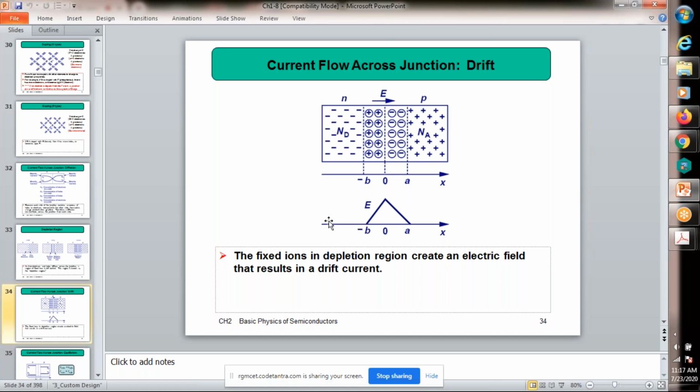Only in this triangular shape is there an electric field, and it is maximum at the junction. As we move away from the junction, on either the left-hand or right-hand side, the electric field slowly reduces. Here x greater than a, the electric field is also 0, and here too the electric field is equal to 0. Remember this: there is no electric field outside.